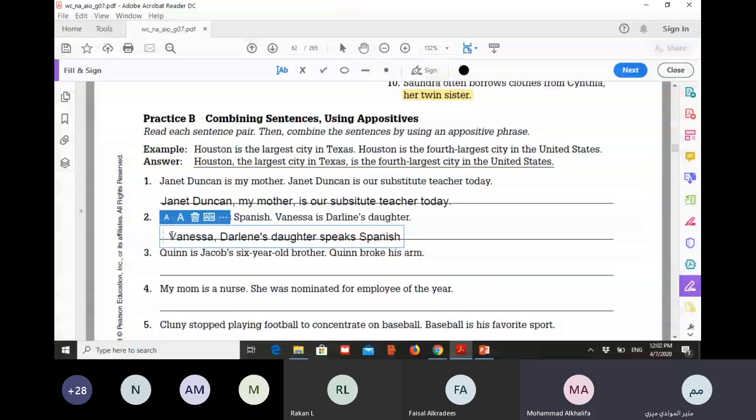Next, please. Another volunteer? Yes, Hanaki? When Jacob's 6-year-old brother broke his arm.